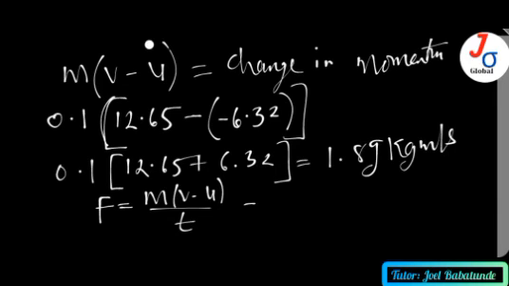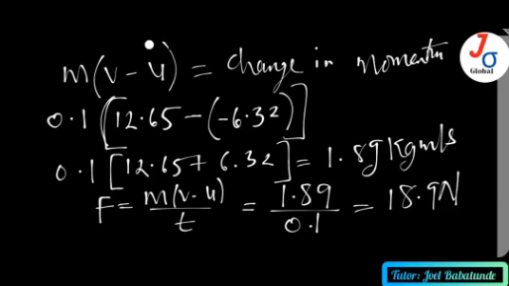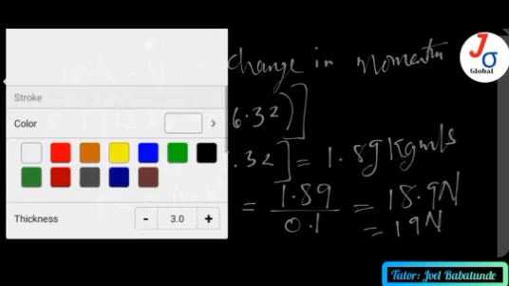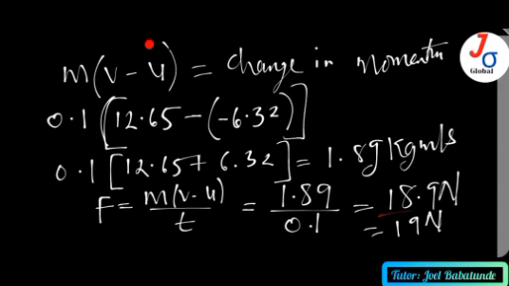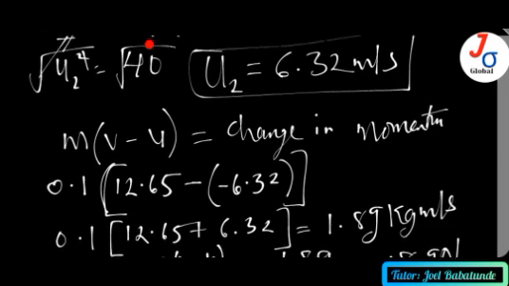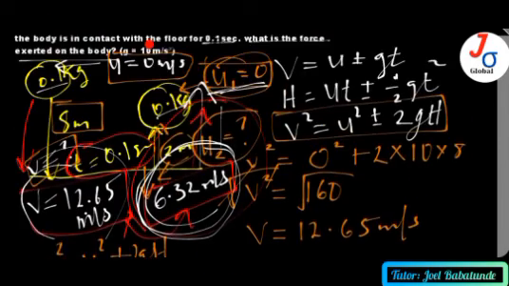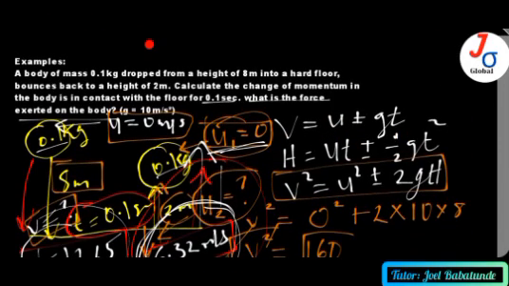So F becomes 1.89 over the time of impact, 0.1 second, and that gives us 18.9 newtons. So that's approximately 19 newtons. So the force is 19 newtons. We got that, and that's the answer to this question. It looks kind of rough, but the question is very complicated. All right, good.